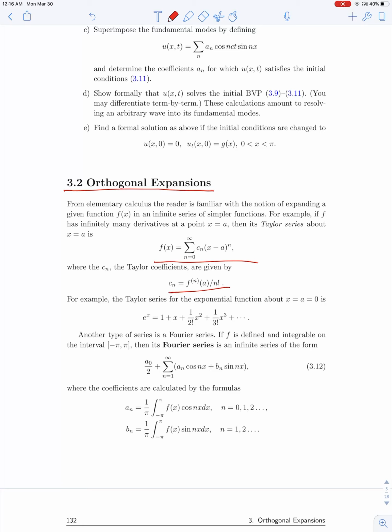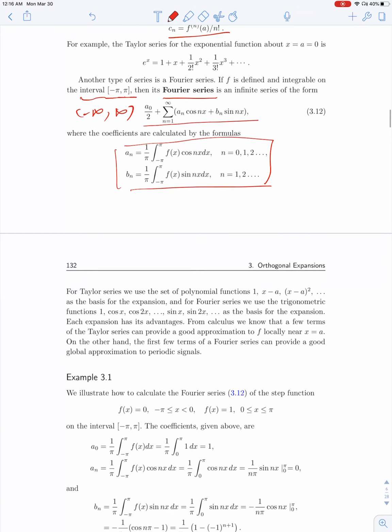And then a Fourier series is a series that is in this form, and this is for a function that is defined on the interval from negative pi to pi, but we expand this into a periodic function, which is actually defined from negative infinity to positive infinity. And these Fourier coefficients are given by these formulas. So this is an infinite series.